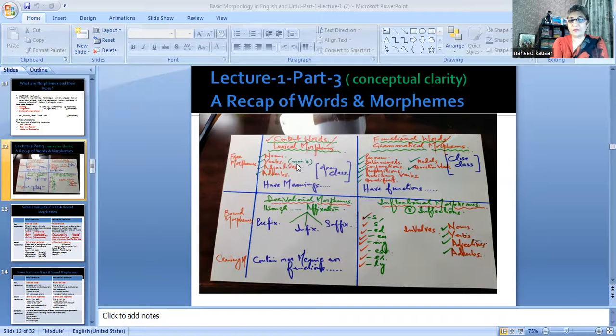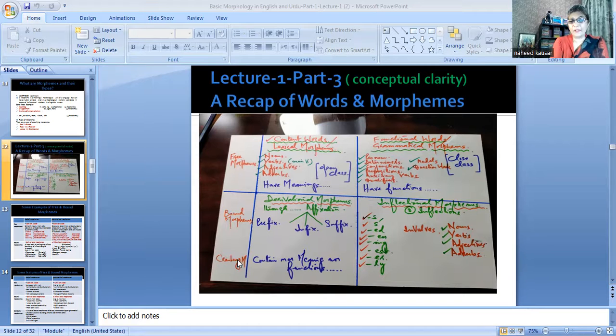Against this, we will discuss these 2 boxes in detail. Similarly, at the bottom, you can see the bound morpheme written here. And against bound morphemes, again, I will discuss these 2 boxes, which will be the detail of the bound morphemes.